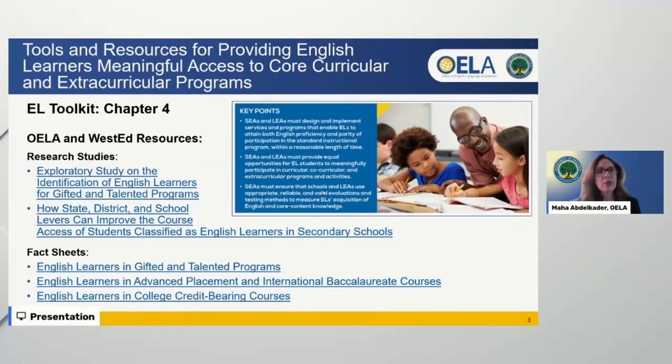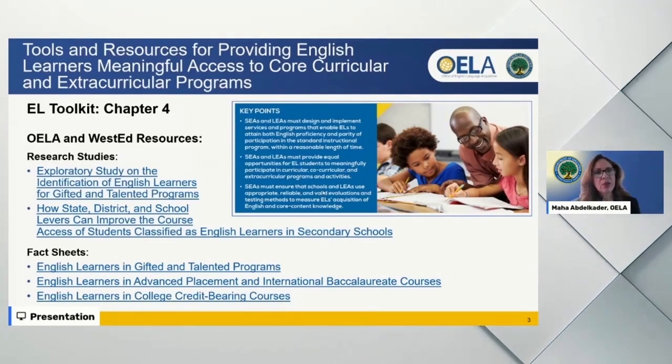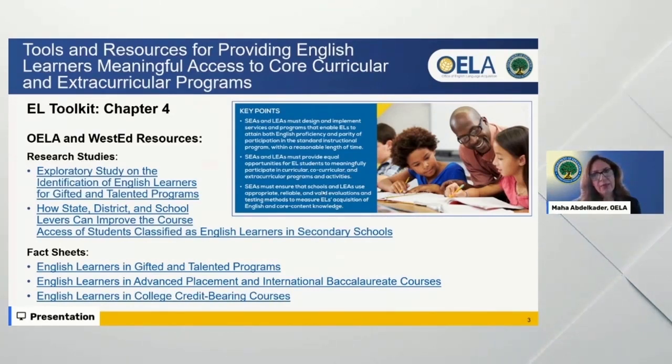And finally, the English Learners in College Credit-Bearing Courses fact sheet uses the 2017-2018 Civil Rights Data Collection to explore data on English learner dual enrollment and advanced placement AP exam participation for students enrolled in grades 9 through 12.